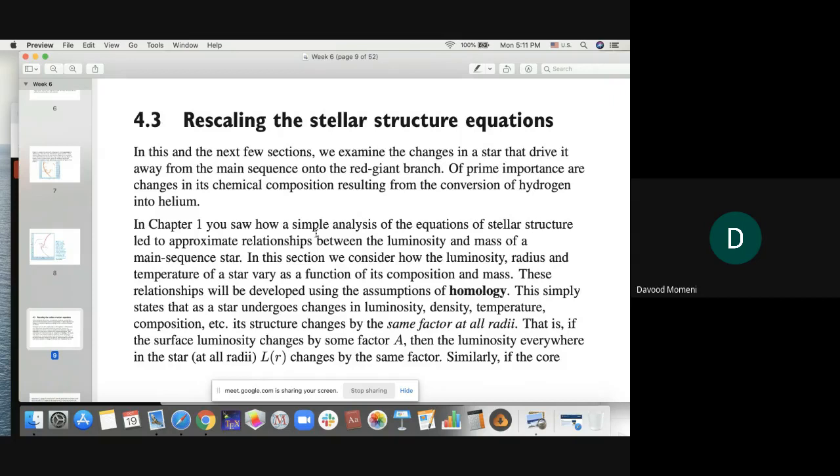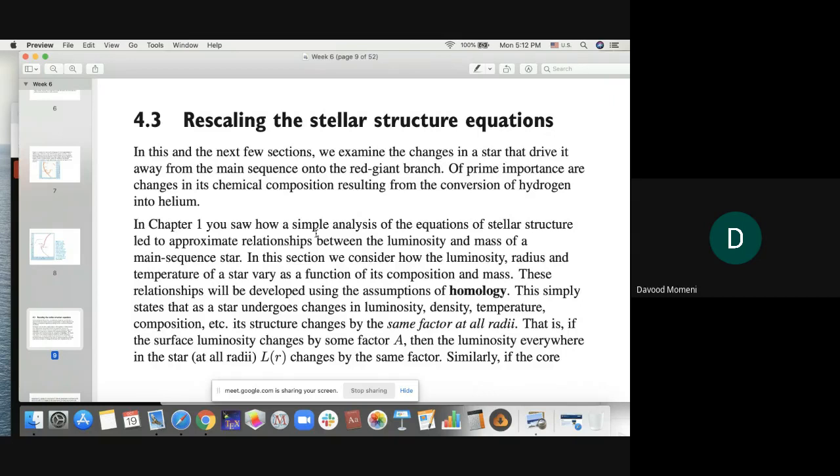In other words, it means that when the star undergoes a change in luminosity, density, or temperature by some factors, for example, when the luminosity becomes double, density becomes triple, or temperature becomes 1,000 times higher, we want to know how the structure will change. I mean, the chemical potential, for example, or the mass, how does it change?